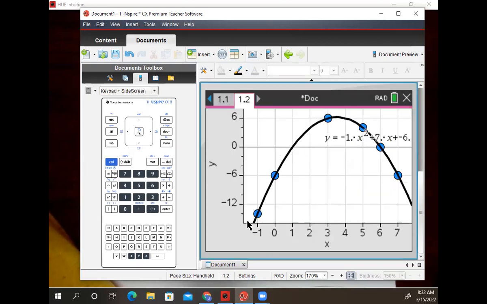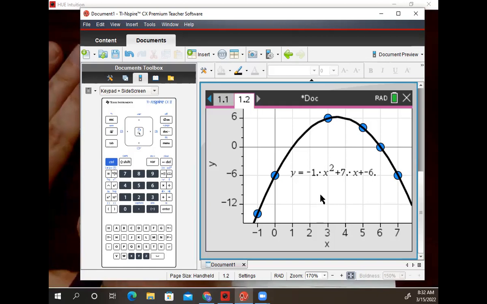And then my calculator puts in that best fit curve for my data and gives me the function that it used. So I'm going to jot this down on my paper. I use a quadratic function. And my quadratic function is y equals -1x squared plus 7x minus 6.